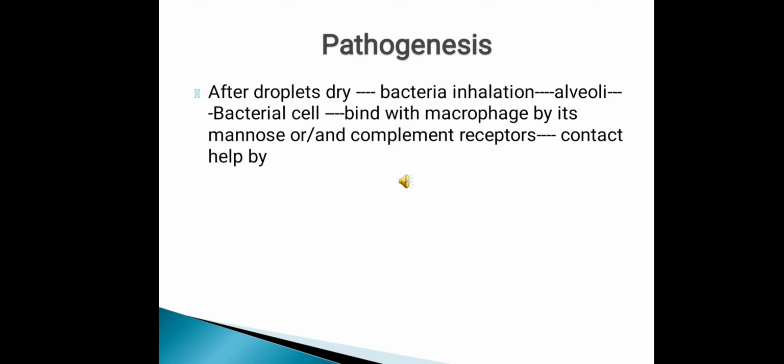It will engulf the bacteria within itself, and inside, the bacteria should be destroyed by the phagosome of the macrophage, but this does not happen with this type of bacteria because the phagosome fails to destroy the bacteria.